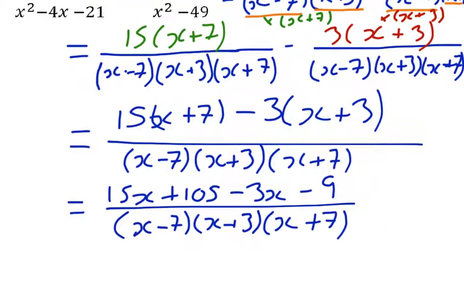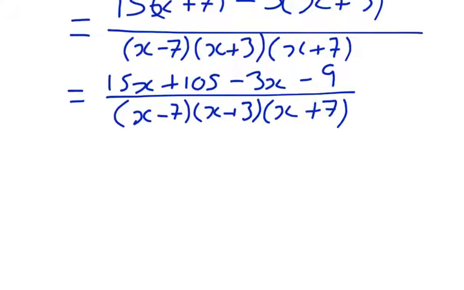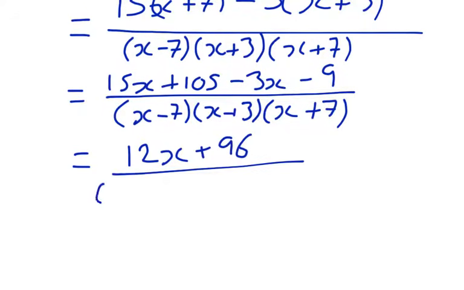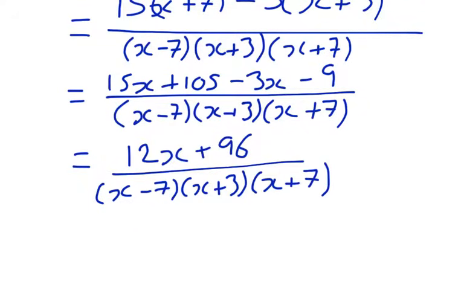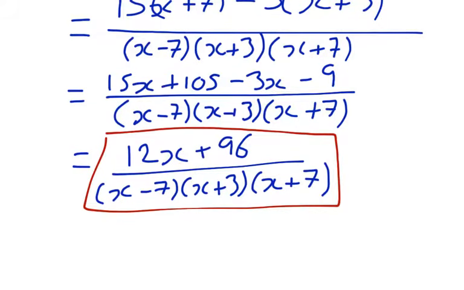And finally, we then clear that up by combining the 15x and the minus 3x to 12x, and the plus 105 minus 9 to plus 96. And that's all over x minus 7, x plus 3, x plus 7, which is our final answer there.